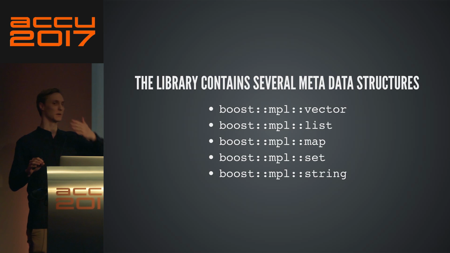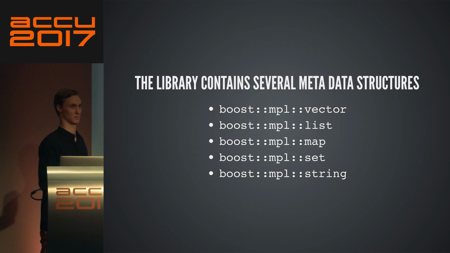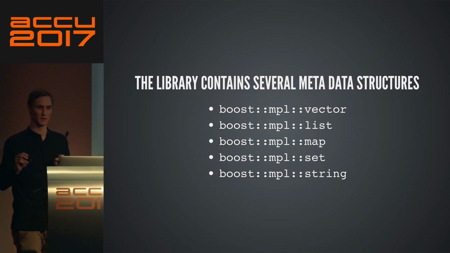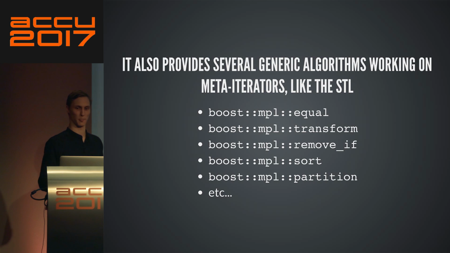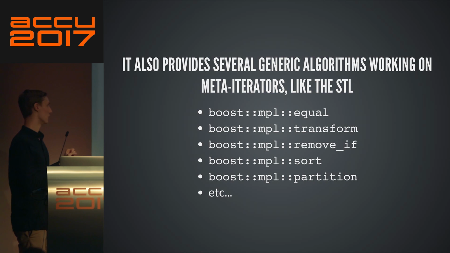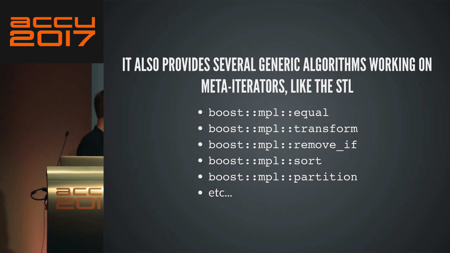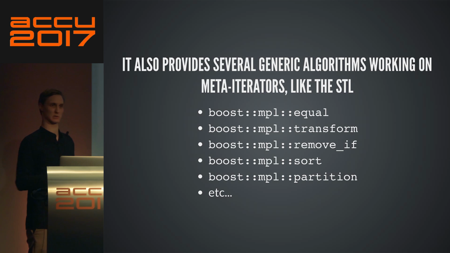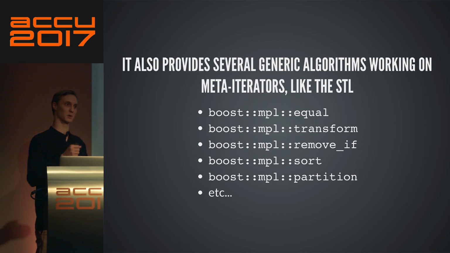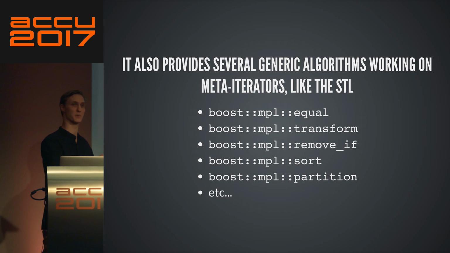Compile time as in they can contain types. And then you have algorithms that work on these data structures via iterators, which are also compile time, essentially type level iterators. And so equal does just like std::equal, right? It compares whether two MPL sequences contain the same types.